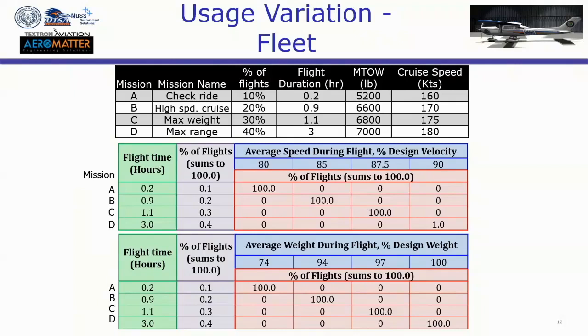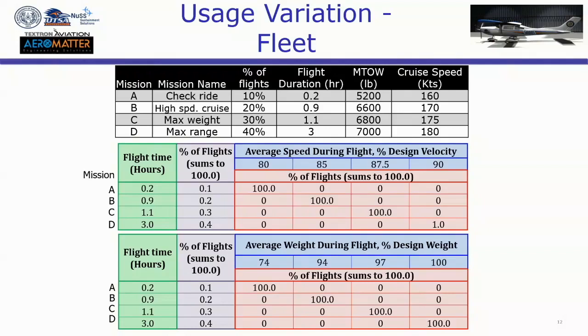And then I say this is 40%, 30%, 20%, and 10% of my flights. And then I fly at 80, 85, 87, and 90% of my full speed. So let's take this example: from this mission C, which has a duration of 1.1 hours, I fly 1.1 hours, 30% of the time at 87% of the velocity. So that's how you put it together.